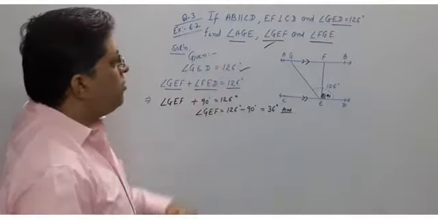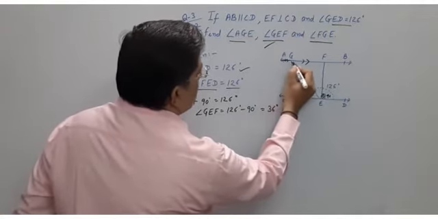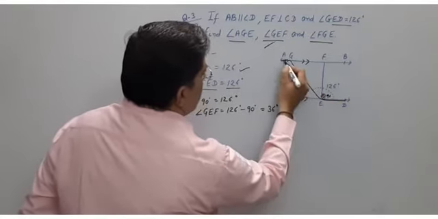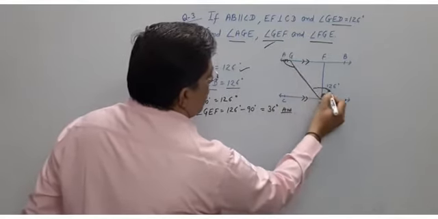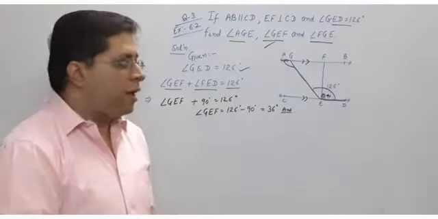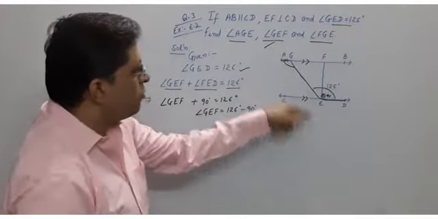Now AGE. This is your parallel line, and this and this angle are alternate interior angles. These are two parallel lines and this is the transversal line.